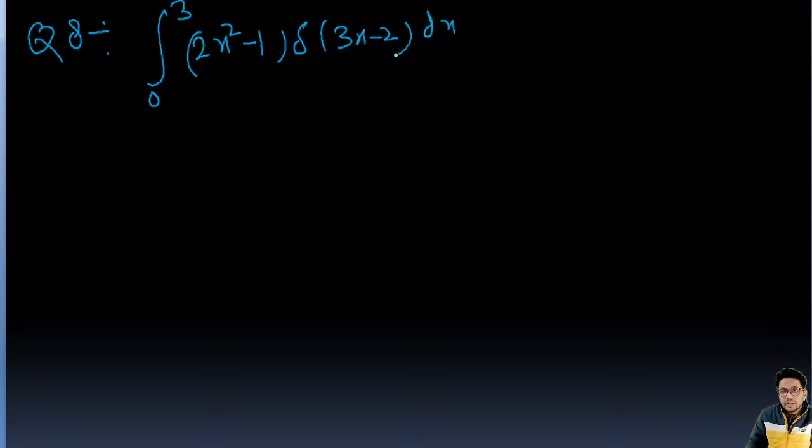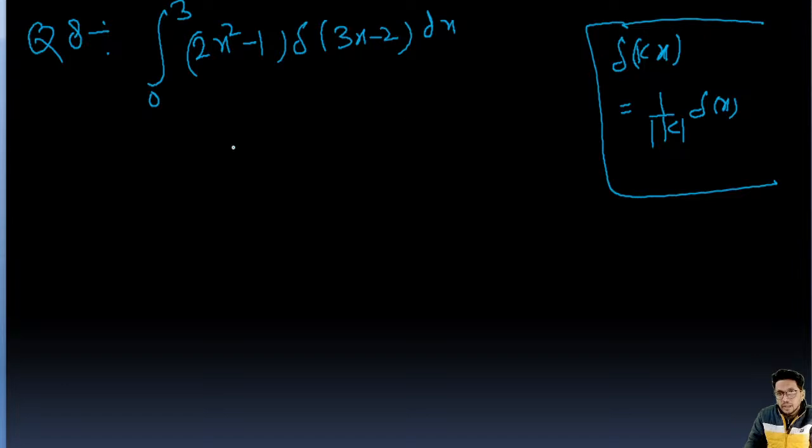So we know the second property which I already mentioned, that is del kx. I'm writing the property again and again so that you can easily learn these formulas quickly and memorize them. So this is going to be 1 upon mod k del x. This is the function f of x.